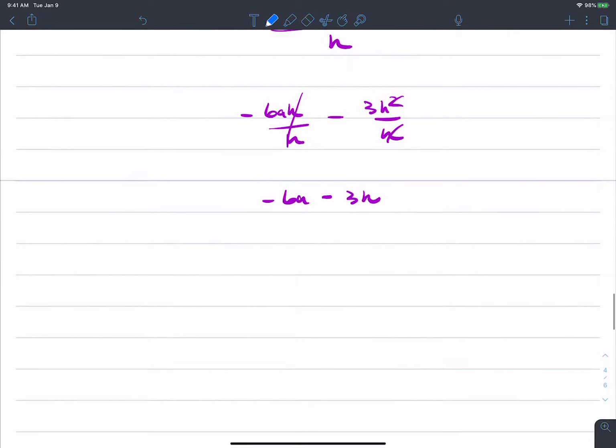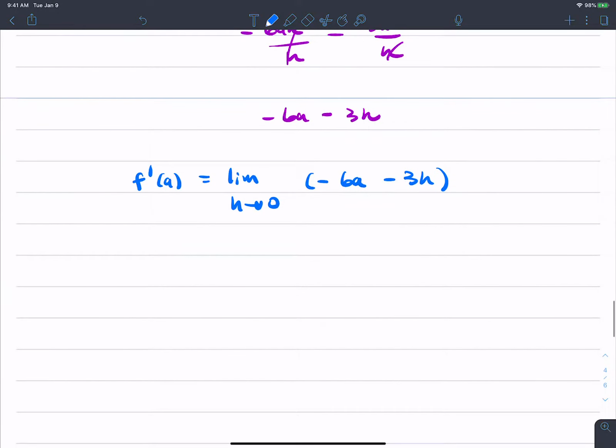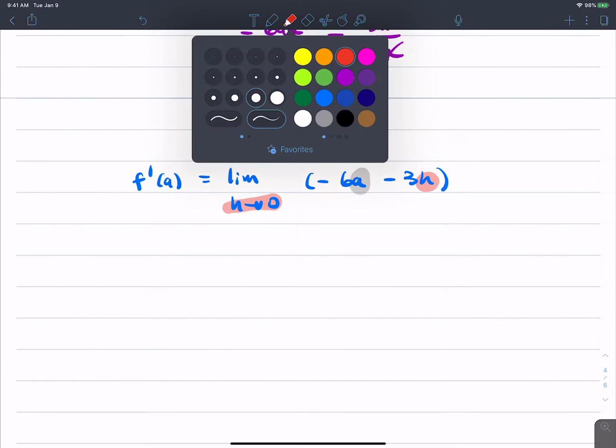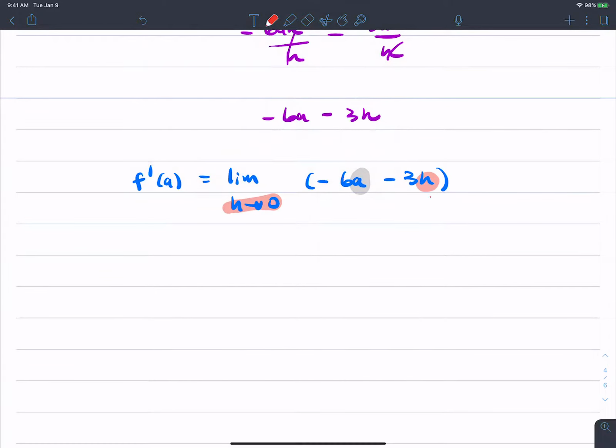We have to take that limit. So f prime a is the limit as h goes to 0 of minus 6a minus 3h. Again, a polynomial in two variables. You can think of this a here as a constant. It's not, but you can think of it as one because the limit has to do with the h variable. H goes to 0, so you plug in 0 here.